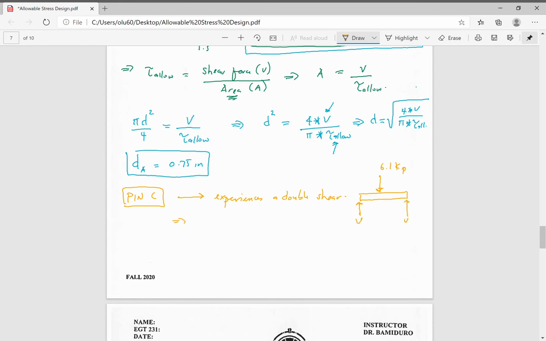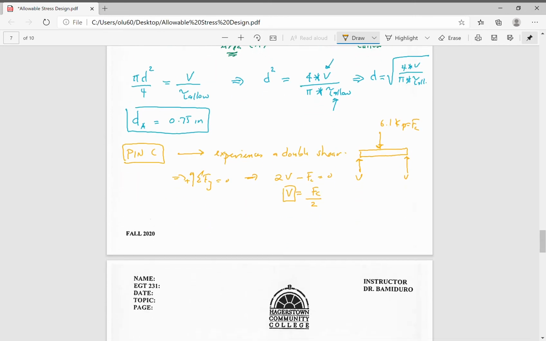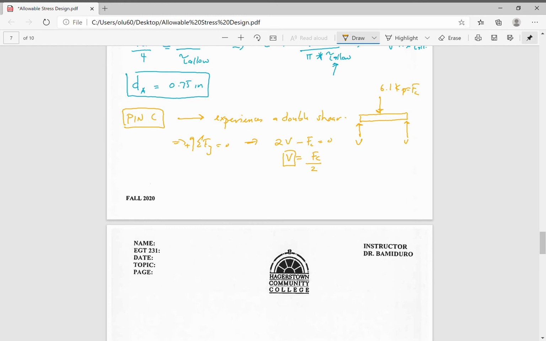If we sum the forces in the y direction equal to 0, we're going to have 2V minus F sub C equals 0. Our V happens to be F sub C divided by 2. This is our shear force, V. And this is page 7.